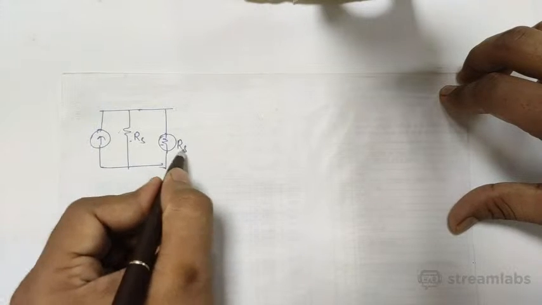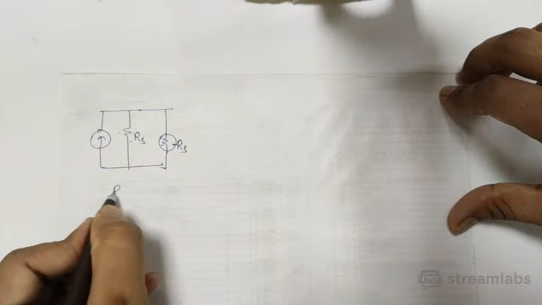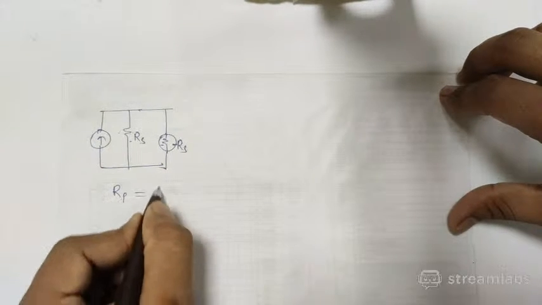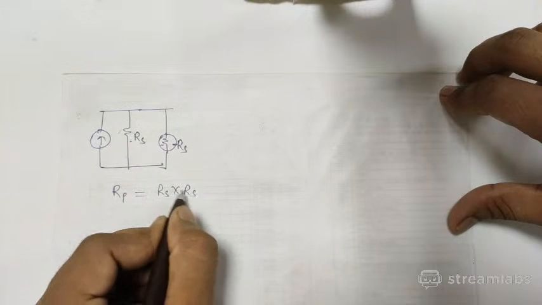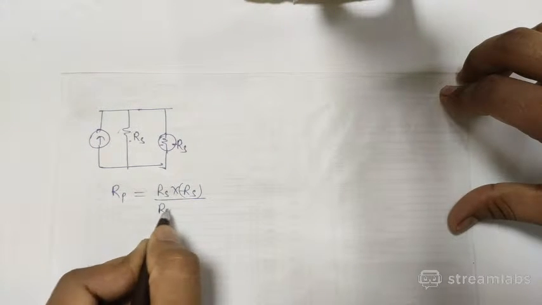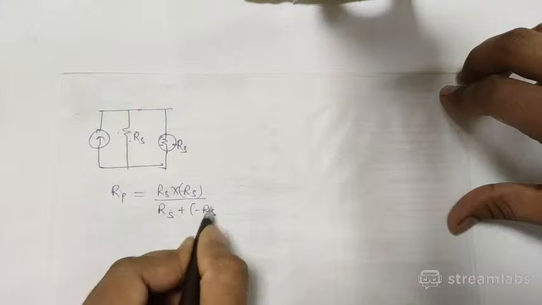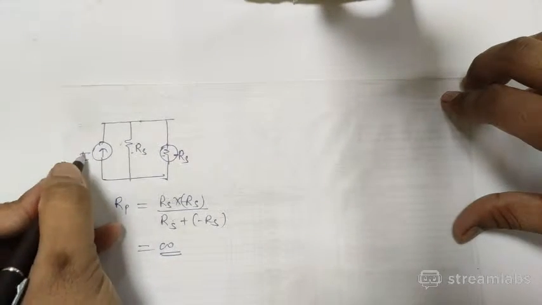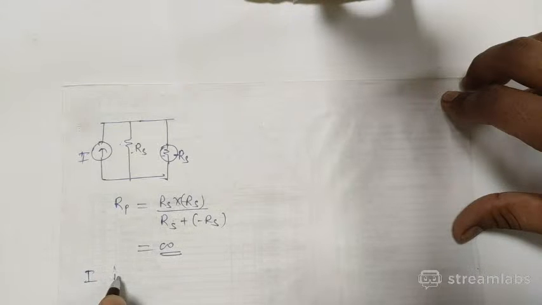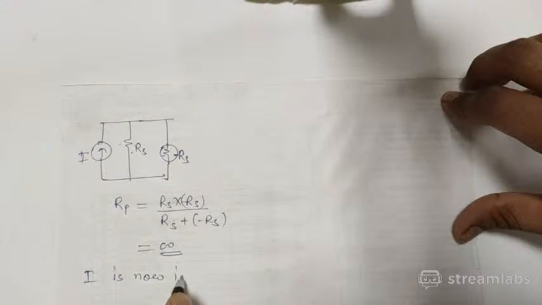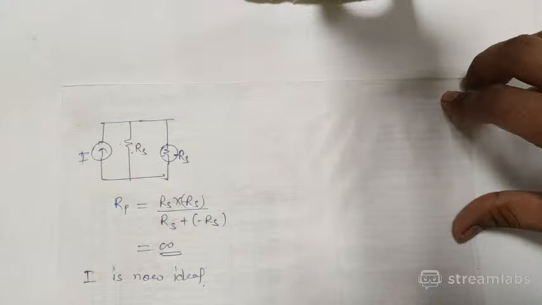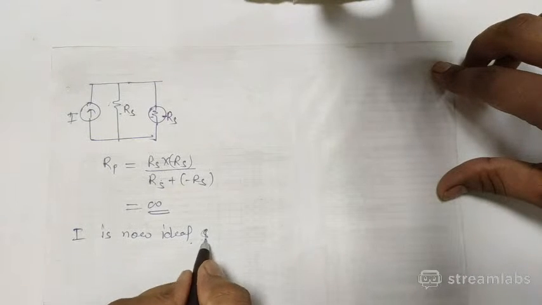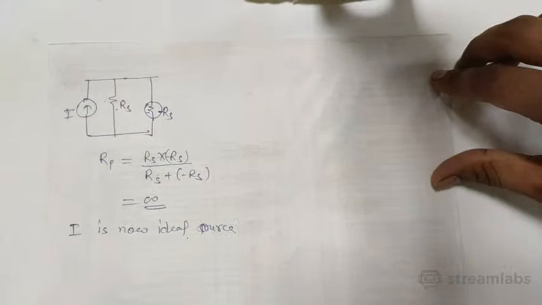You can see the parallel resistance will be equal to RS times minus RS divided by RS plus minus RS. This will result in infinite impedance, and this source will become an ideal source. This is a very great advantage, that we can generate ideal sources with the help of negative resistance.